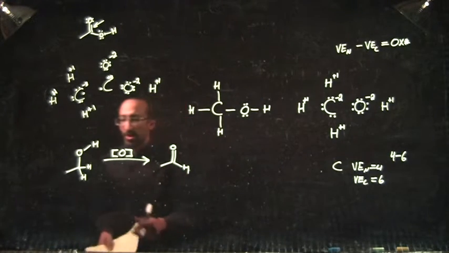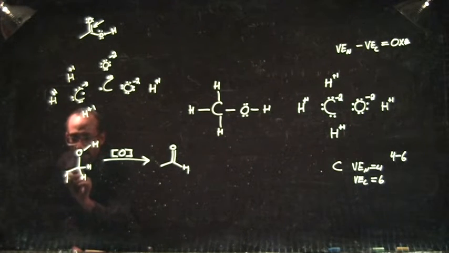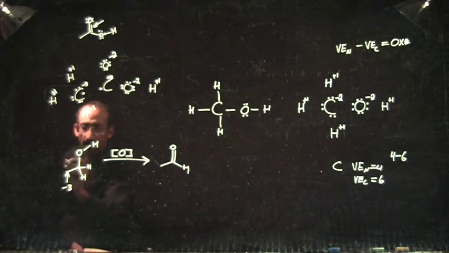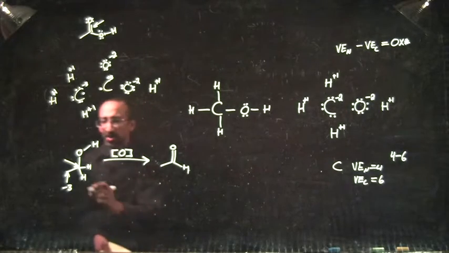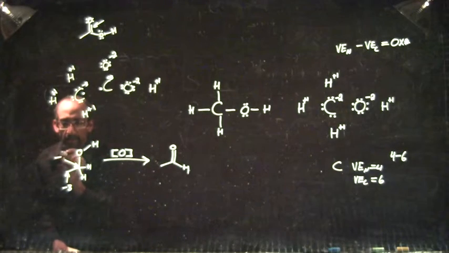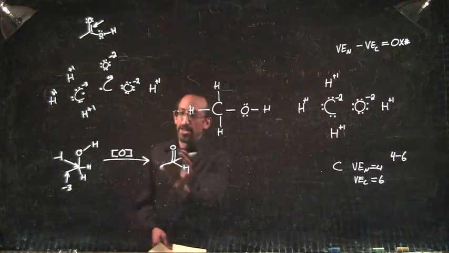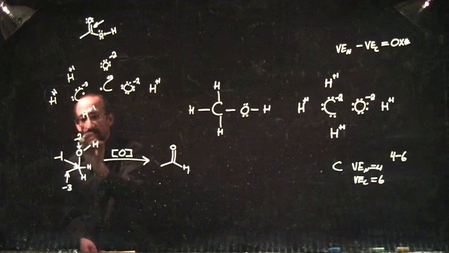If we go through, we'll see that the carbon atom here starts with an oxidation state of -3. This carbon atom starts with an oxidation state of -1. And if we look now at our final product, our oxygen here is going to have an oxidation state of -2.